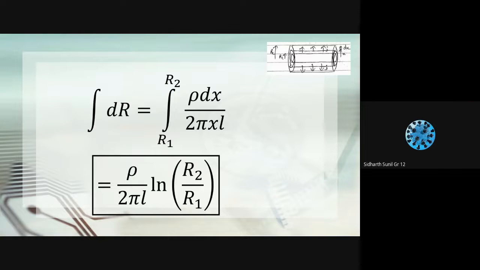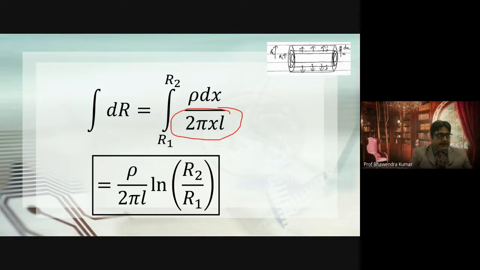This is the area through which the current is flowing. See, if I open the cylinder, I get a rectangle, right? And it has a thickness of dx through which the current is flowing. So for the time being, let us cut it and make it flat. 2 pi x, that will be the circumference, multiplied by L. That will be the whole area through which the current is passing.